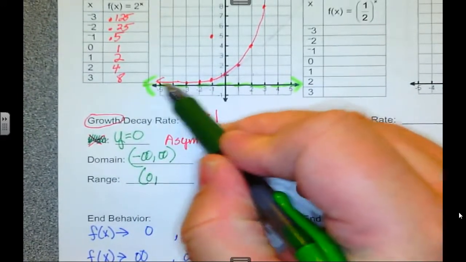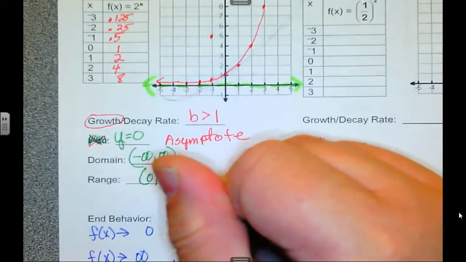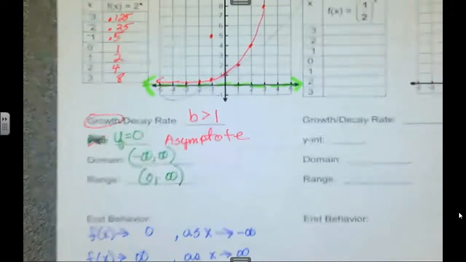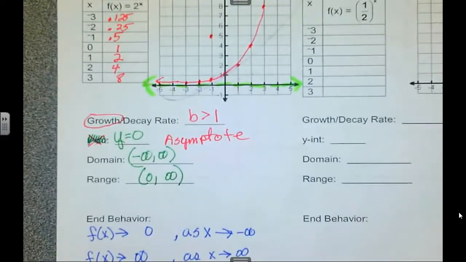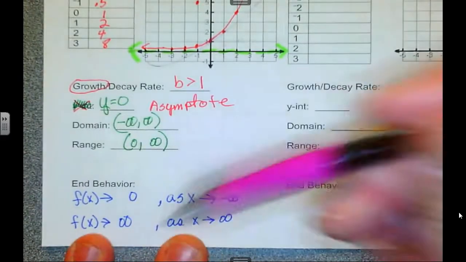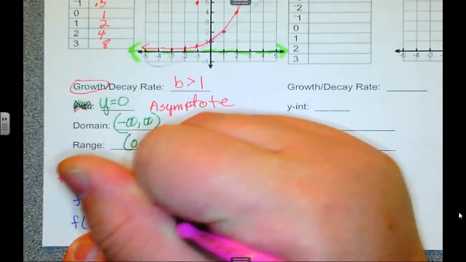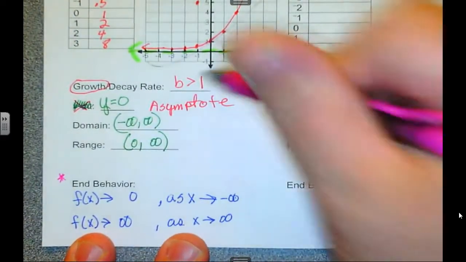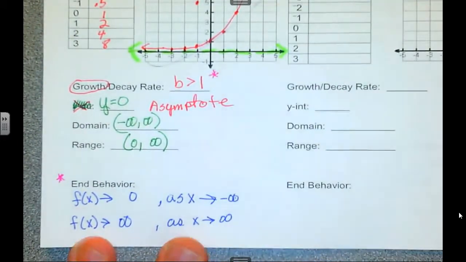And where does it go? This is algebra 1. The only thing that's different from algebra 1 is your end behavior and why this is growth or decay.